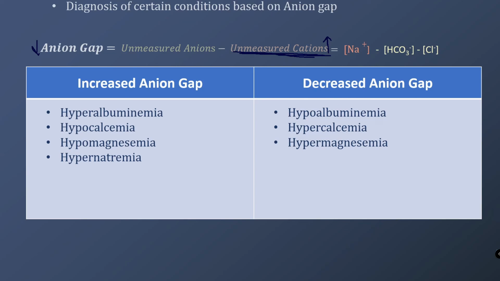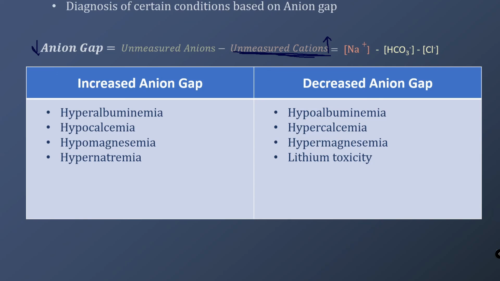Lithium is positive charge. So what if there is lithium toxicity? It is a cation, an unmeasured cation. So if lithium toxicity is there, it can lead to decreased anion gap. Clear? It's very easy and logical to understand.